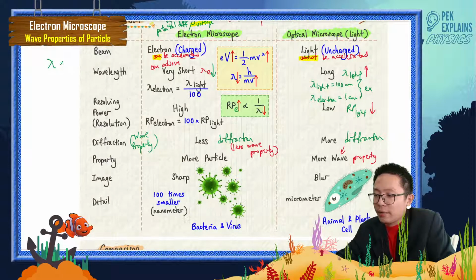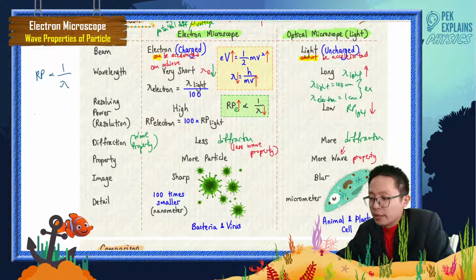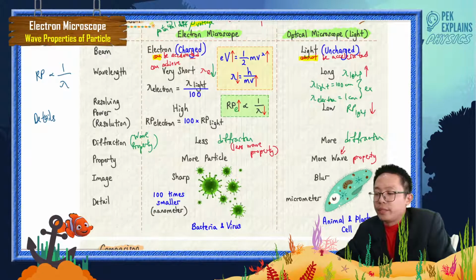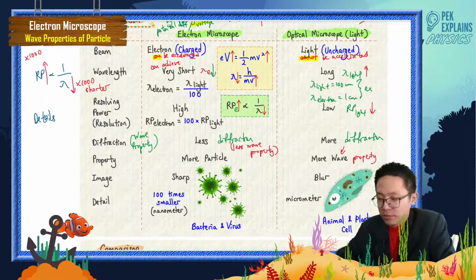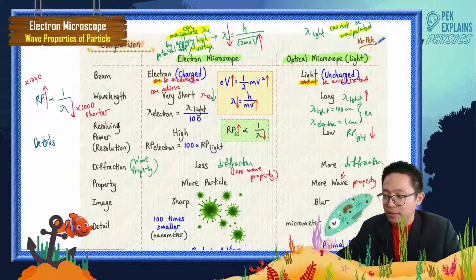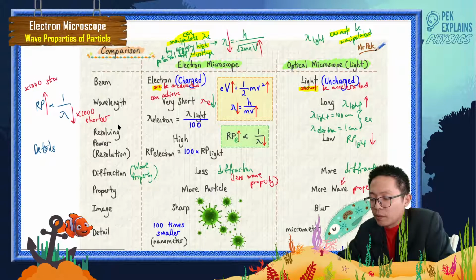Okay, now I want to talk about this formula: resolving power versus wavelength and the details. If the wavelength is 1,000 times shorter, then the resolving power will be 1,000 times stronger.